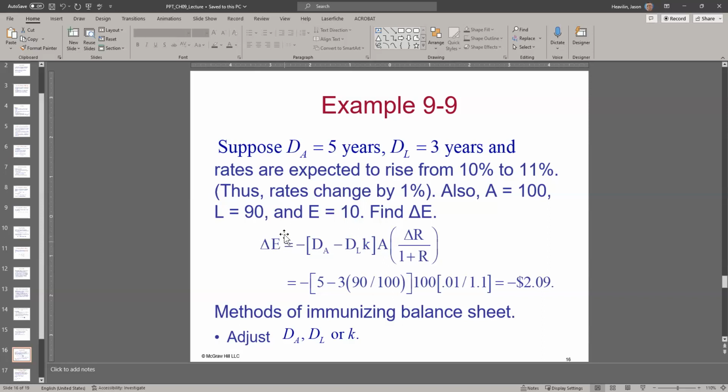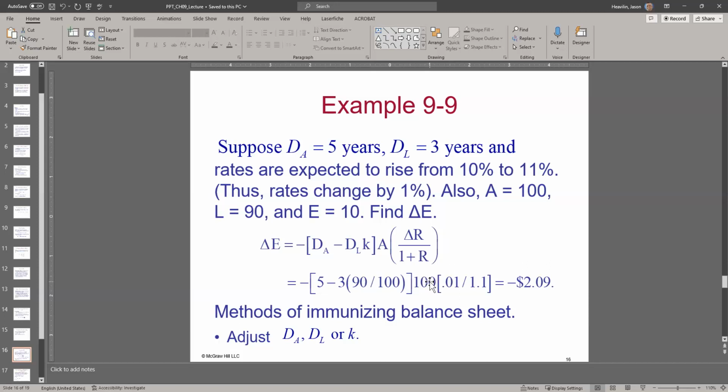If we go back to the formula, how much will my equity change when the interest rate goes up, given the duration of my liabilities versus assets? You punch in the formula. K is liabilities divided by assets, that's 90 over 100. So we have, don't forget the negative, duration of assets 5 minus 3, times the liabilities part of the capital structure, 90 over 100.